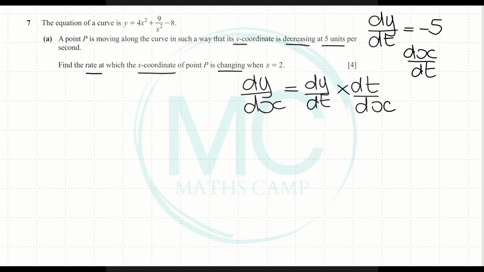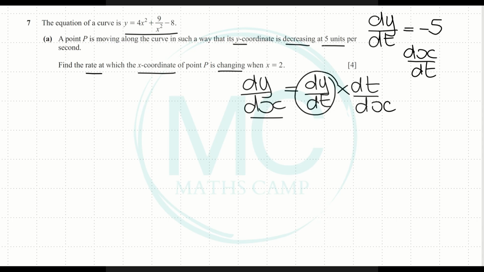We can use the chain rule to find an unknown value as long as we have 2 known. In this case, we have dy over dt, but we need dy over dx. So the first thing we need to do is find the derivative of this equation over here. It's difficult differentiating equations where you have x terms in the denominator of a fraction.